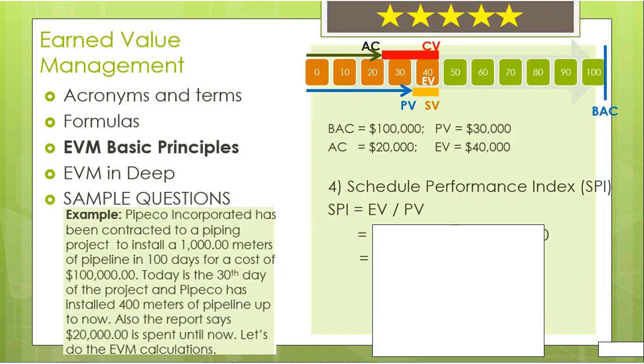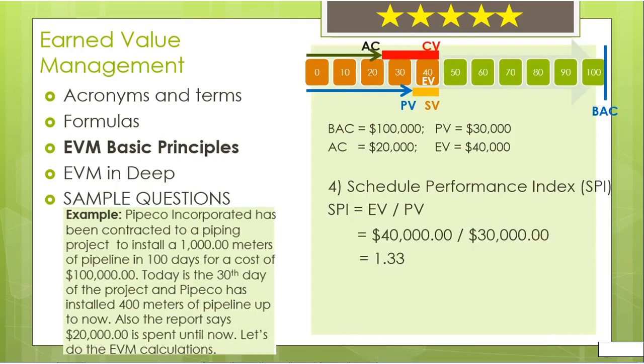Now, let's place the values into the equation. Earned value divided by planned value, this is $40,000 divided by $30,000, gives us 1.33. This result tells us that we are doing our work 1.33 times faster than we originally planned, or we are 33% faster than we originally planned.